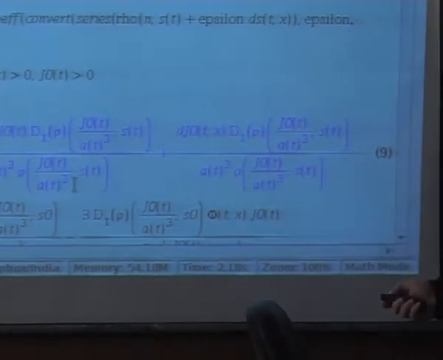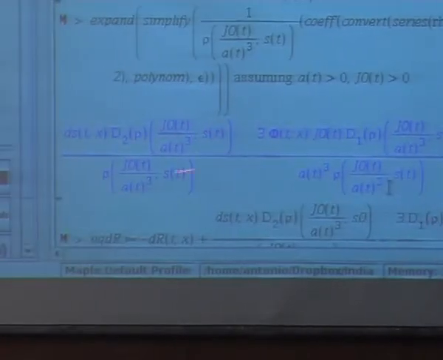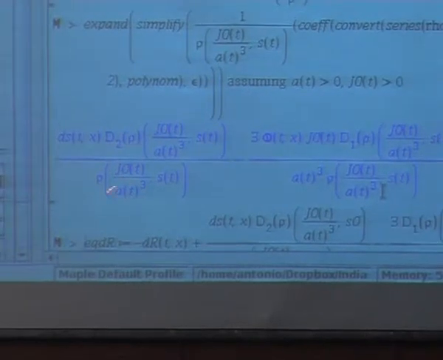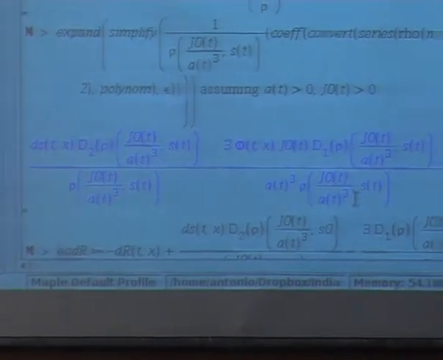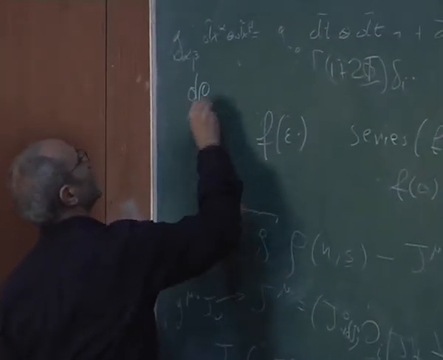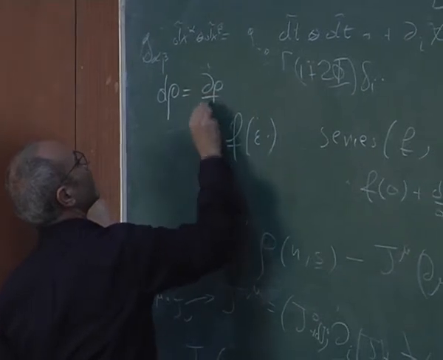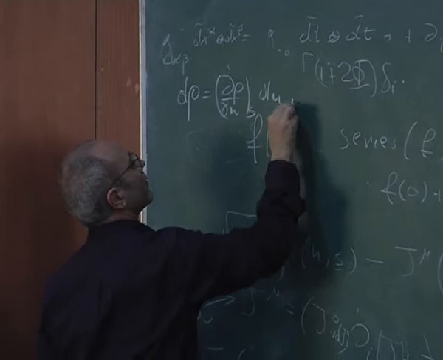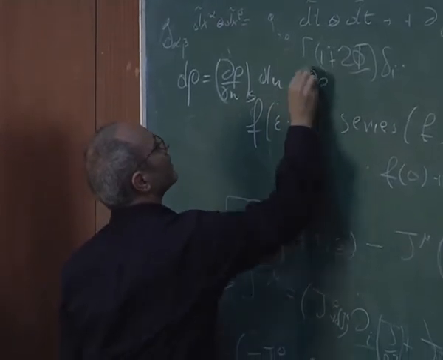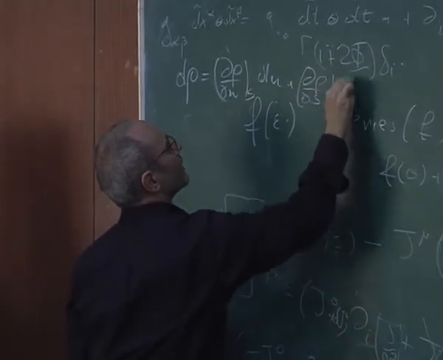Now this is delta rho. Delta rho will have a term which depends on delta s. And you recognize this one. This will be like temperature. If you remember, delta rho is d rho over dn at constant entropy times dn, plus d rho over ds at constant n times ds.